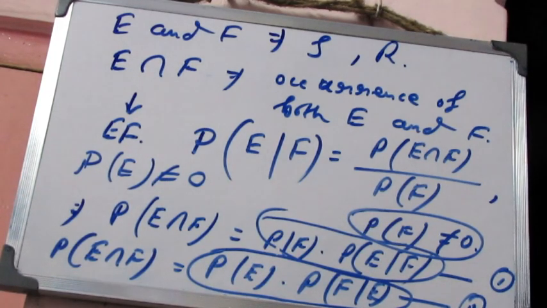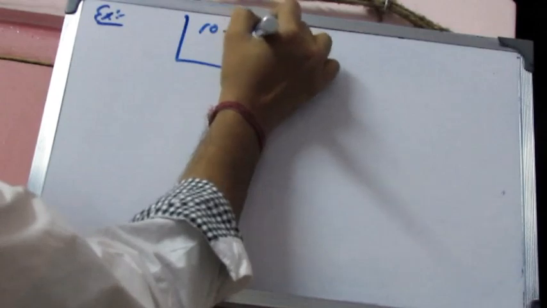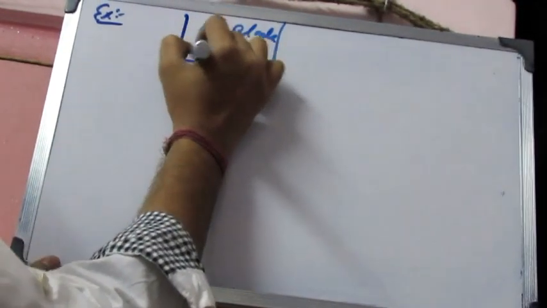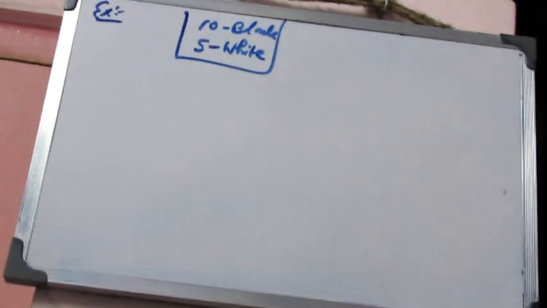This result is known as multiplication theorem of probability. Let's look at an example of multiplication theorem. Suppose an urn contains 10 black balls and 5 white balls. 2 balls are drawn from the urn, one after another, at random without replacement.